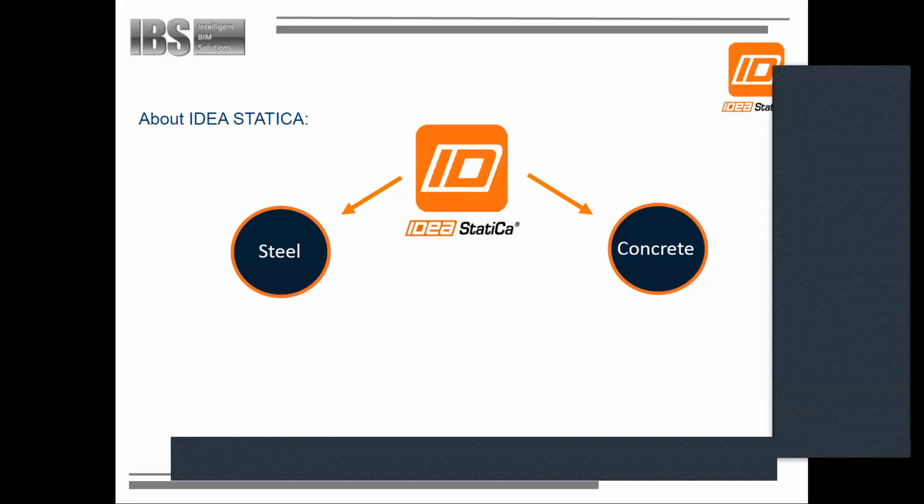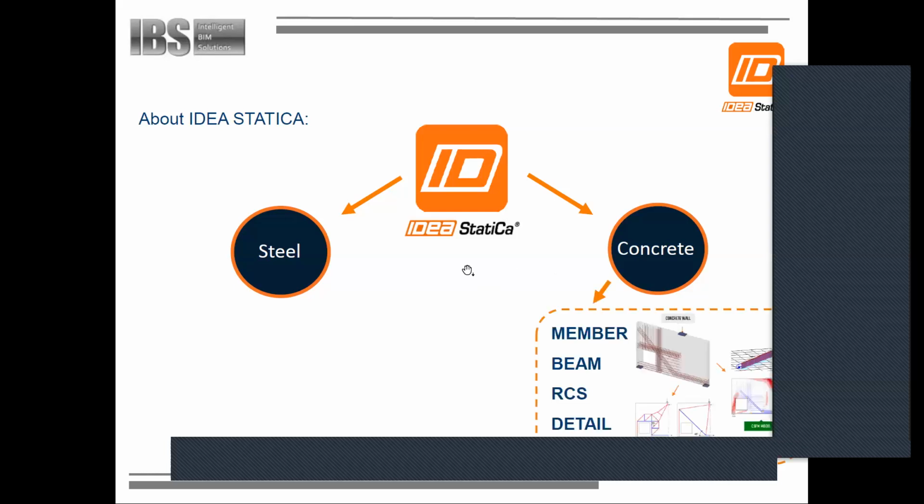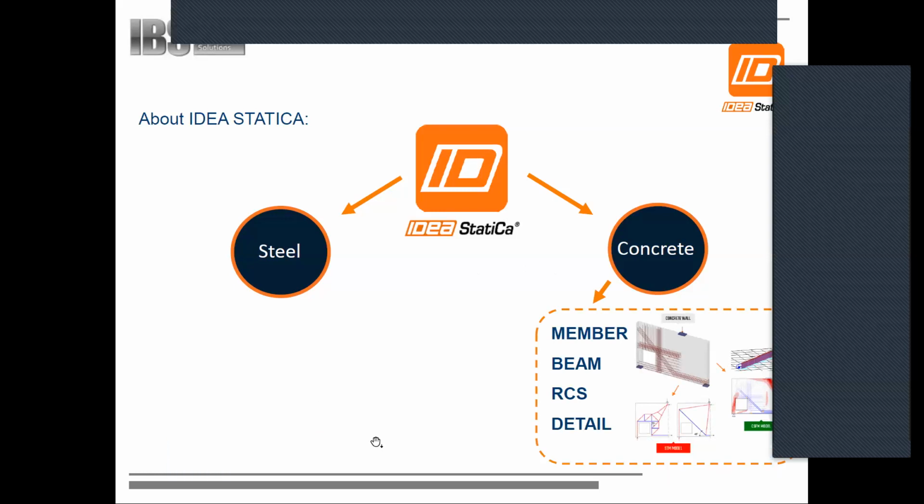It has two main product lines, related to steel and concrete. For concrete, IDEA Statica has these products: Member, Beam, RCS, and Detail. But of course, today's topic is about steel connection. So let's leave the concrete part for the future.